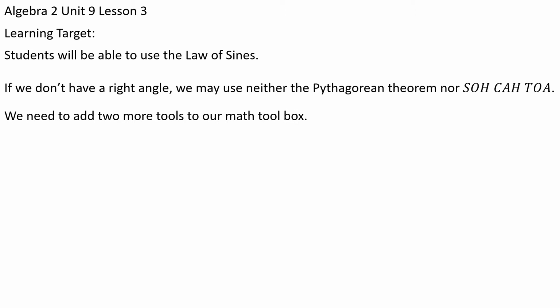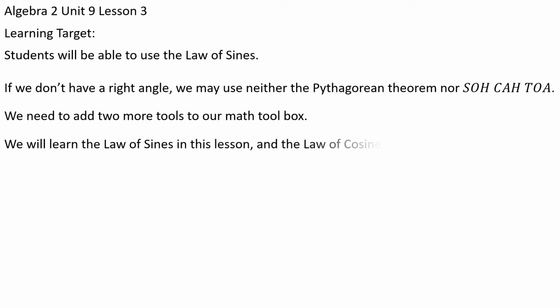Okay, we actually need two tools. One of them will be today with the law of sines, and then the next lesson will be the law of cosines. Those are the next two tools we'll need in our math toolbox to solve triangles. Notice I didn't say solve right triangles, I said solve triangles.